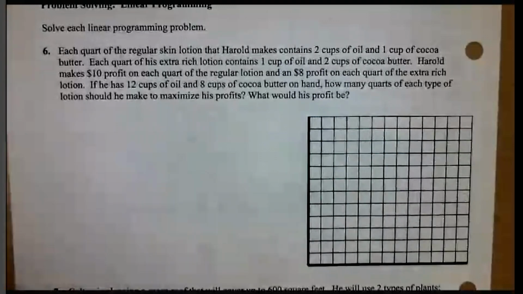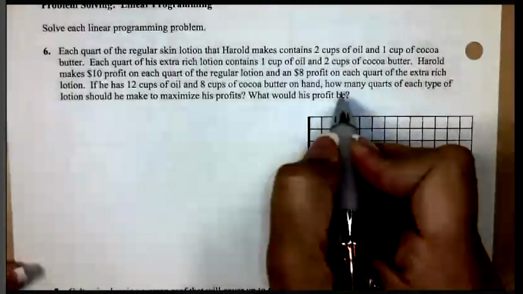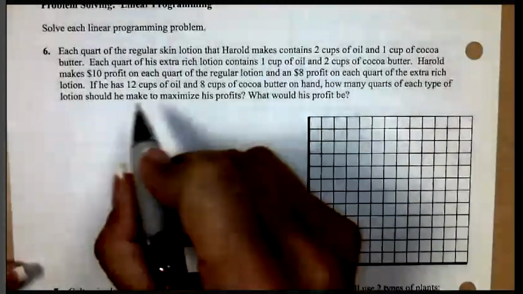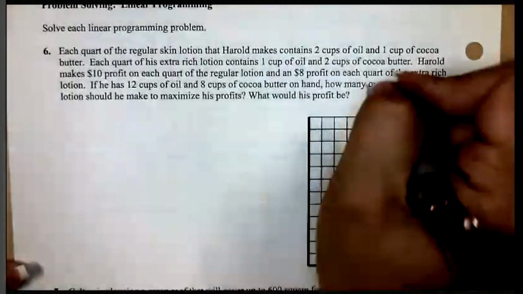So our first step should be defining our variables. That helps us keep everything very organized. That comes from right here. How many quarts of each type of lotion? That is our unknown.